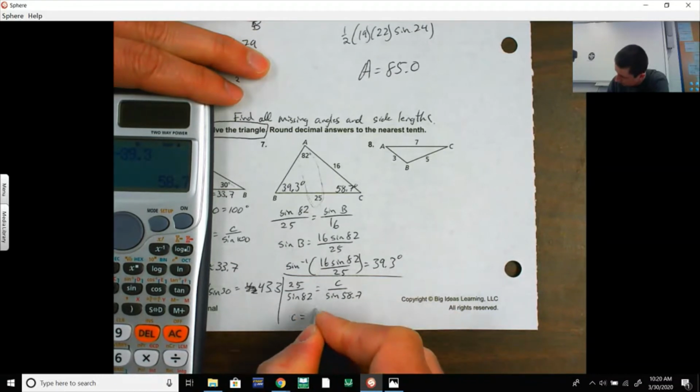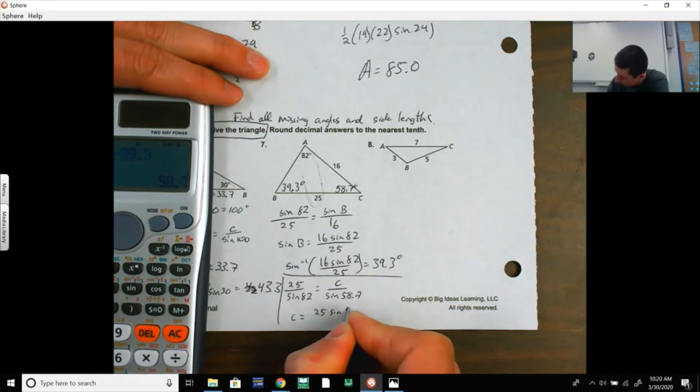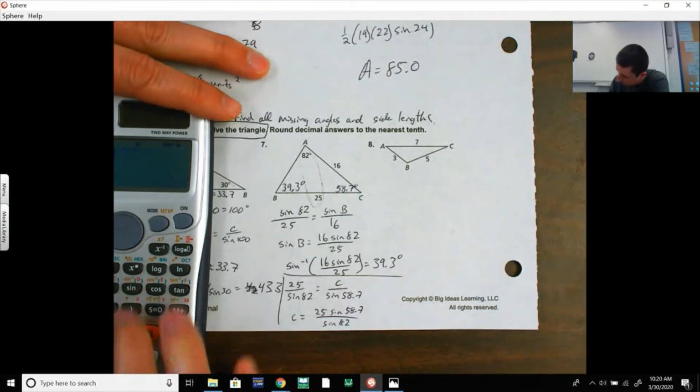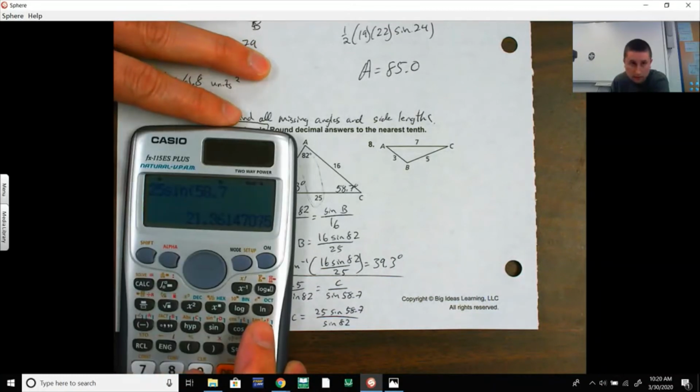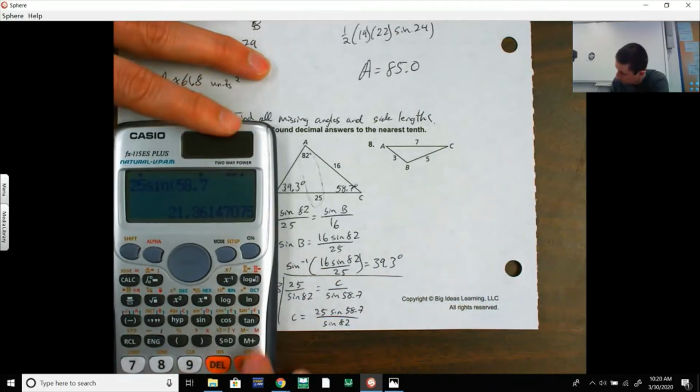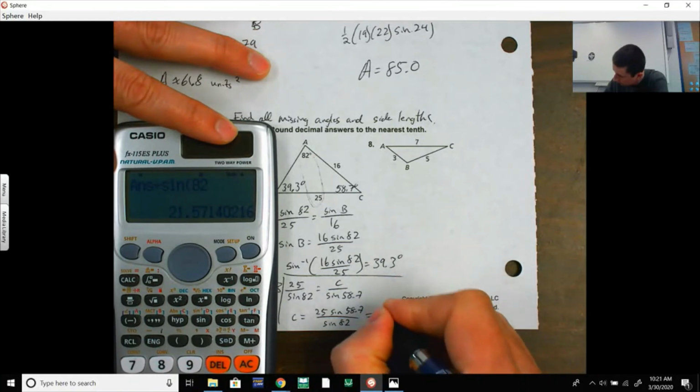So C is 25 times the sine of 58.7 divided by the sine of 82. There you go. And you get 21.6.